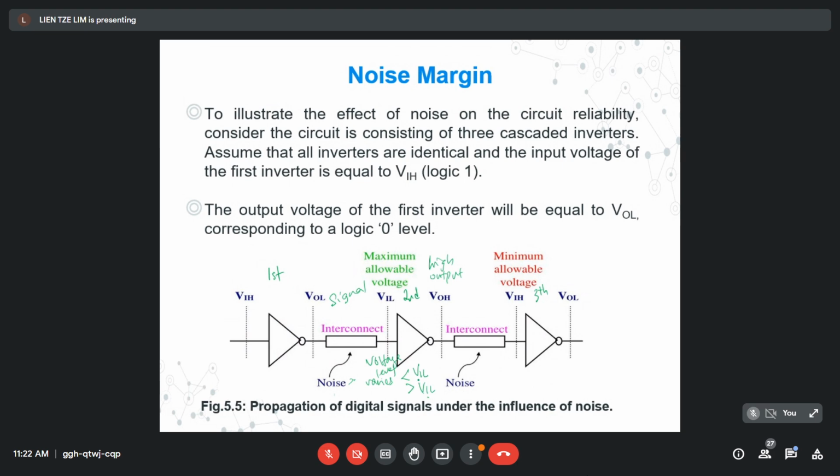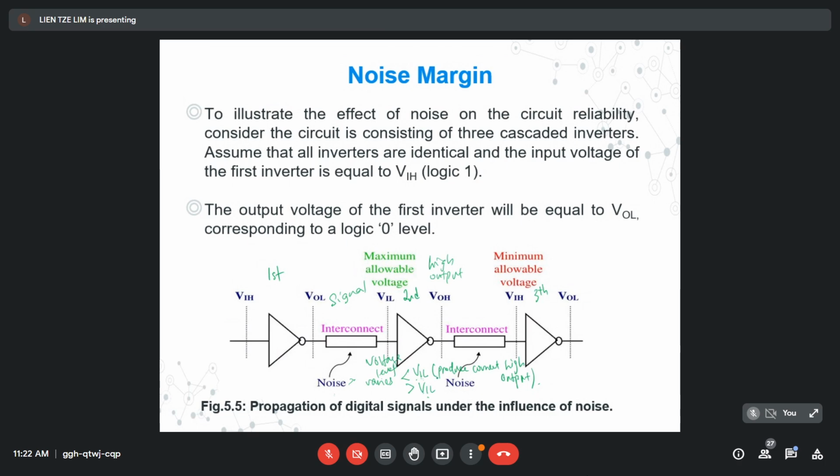This is VIL, input low. So any voltage level that is below VIL or at VIL can produce the correct high output.